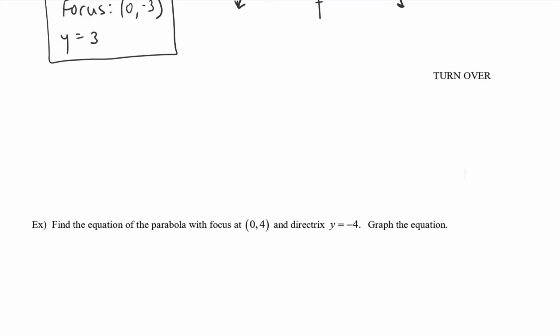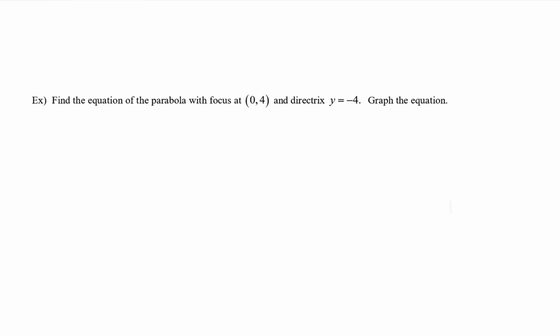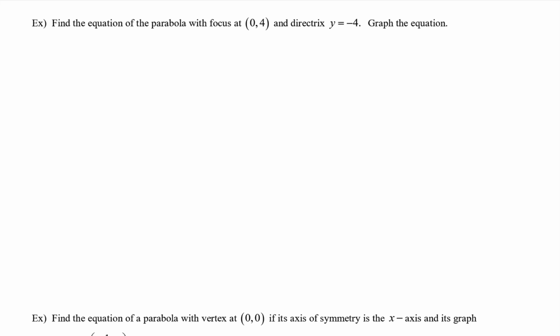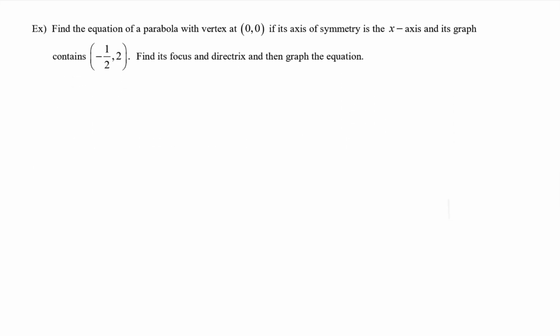Let's see. There's nothing special about that next example. Let's go ahead and save some time. Let's do this example here. So find the equation of a parabola whose vertex is at 0, 0. So h is 0, k is 0. Its axis of symmetry is the x-axis.